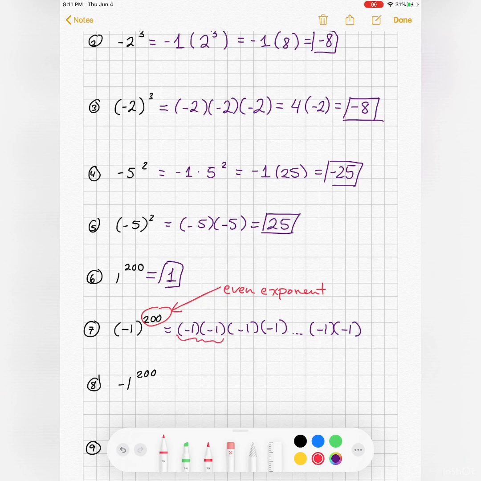When I multiply, -1 times -1 makes +1. -1 times -1 makes +1. -1 times -1 makes +1. Because I have an even exponent, I have an even number of factors, so each of these pairs gives me a +1. So ultimately, don't I have 1 times 1 times 1 times 1, which is just 1?